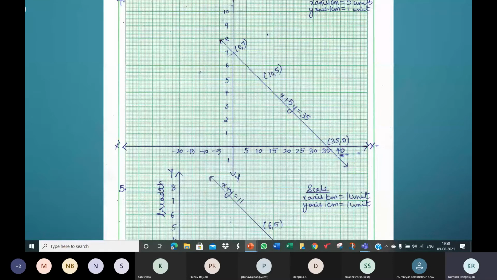It's the point where the line passes through the axis, ma'am. Yeah, x-intercept is the point where the graph line intersects the x-axis. Y-intercept is the point where the graph intersects the y-axis.